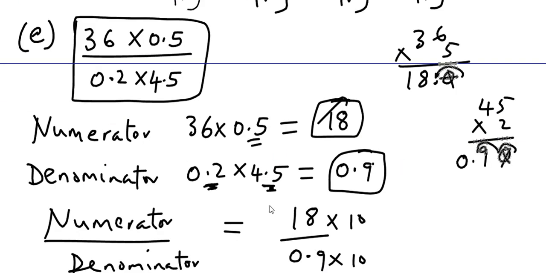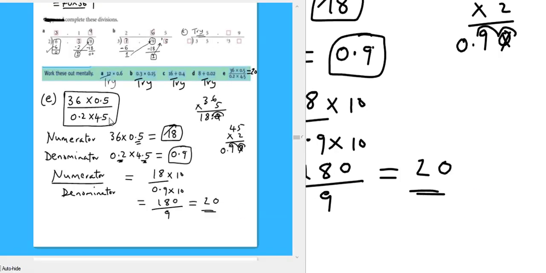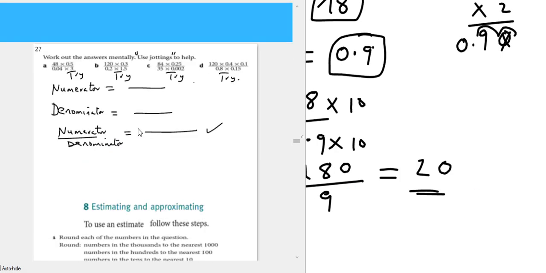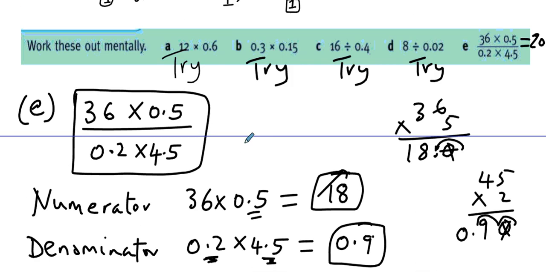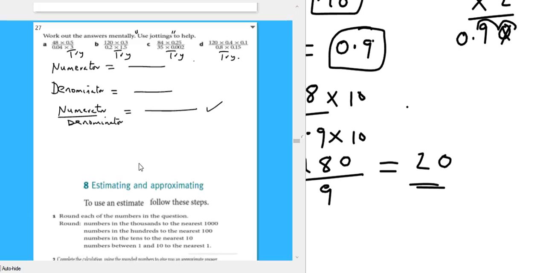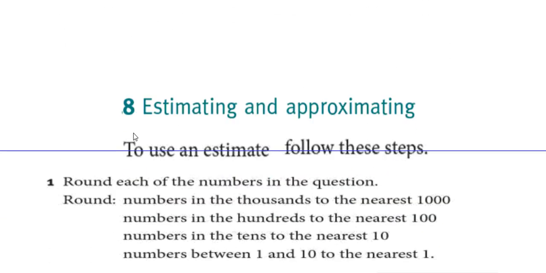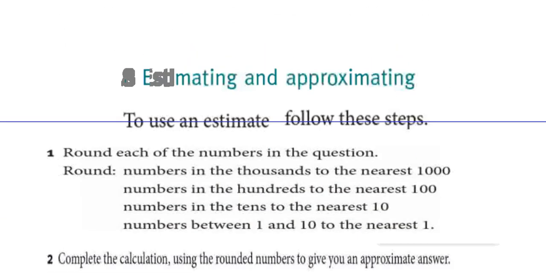Numerator, denominator, lastly divide, then you get that. So I hope you can try this one here. You can try A, B, C, maybe D, you can have a problem, but I don't think so. Try that, then you get the answer. All right.